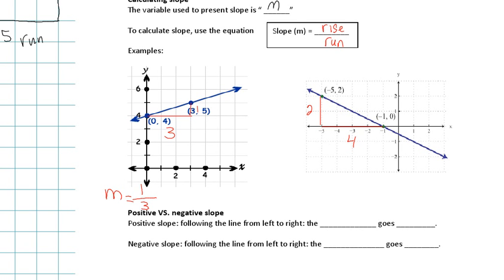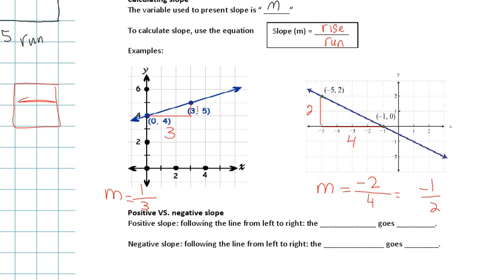So the slope is, what's your rise? How much are you rising by? 2. I'm going to put it -2 because I'm going down. I'm going down 2 and then over 4. I can simplify this to -1/2. Because if you have 4 squares and you have 2 of them, that's half.